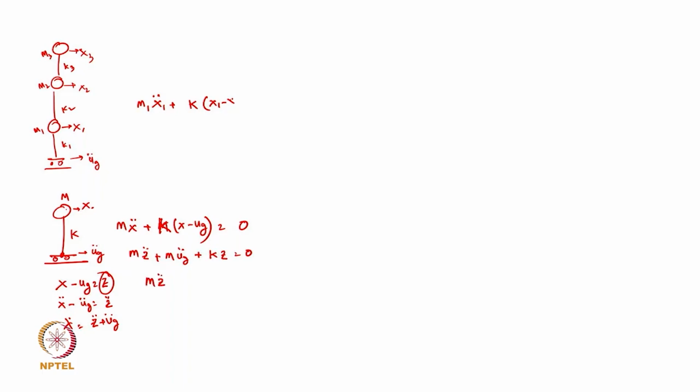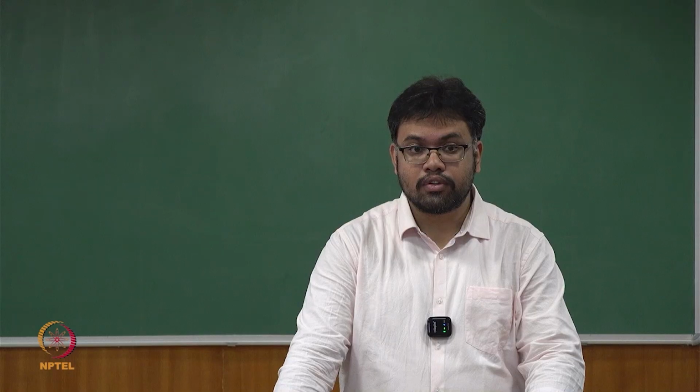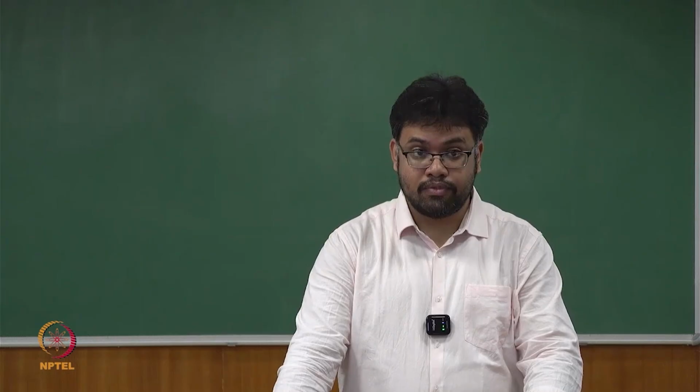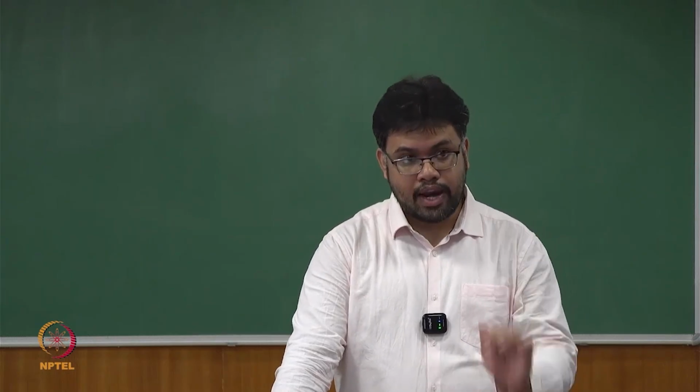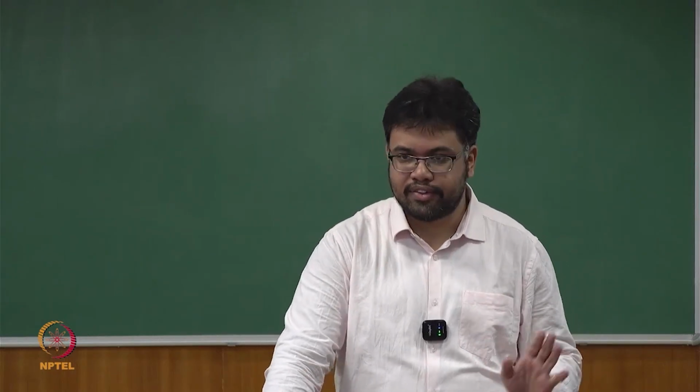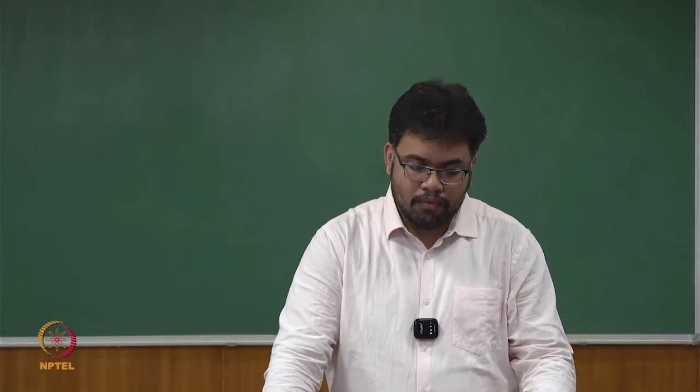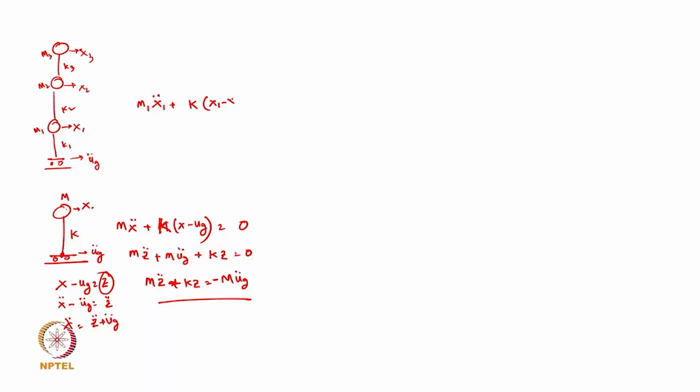So m z double dot plus k z is equal to m into ug double dot with a minus sign. That type of equation is for when we are talking about relative movement, and the case is the base excitation case. So here rather I should use the z.